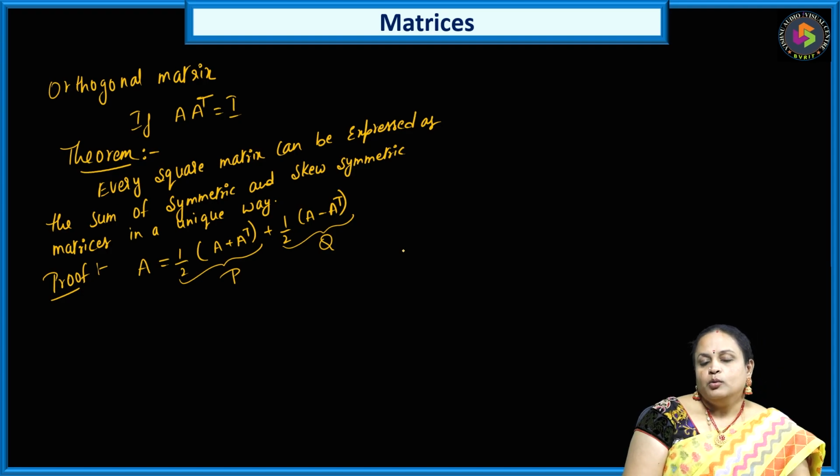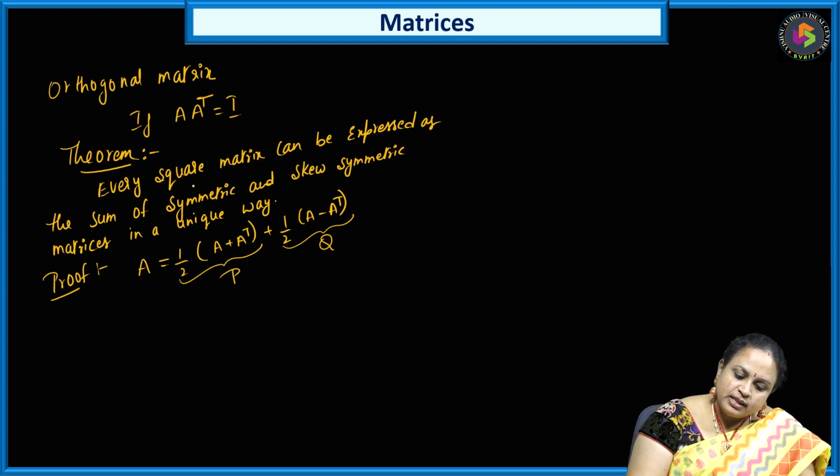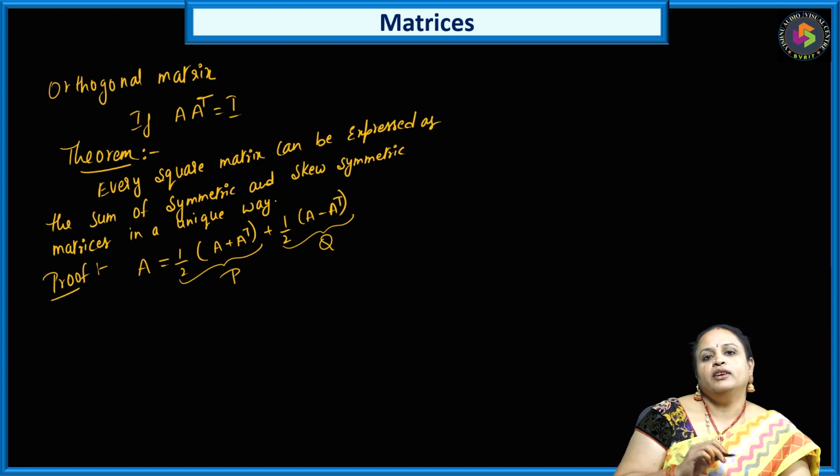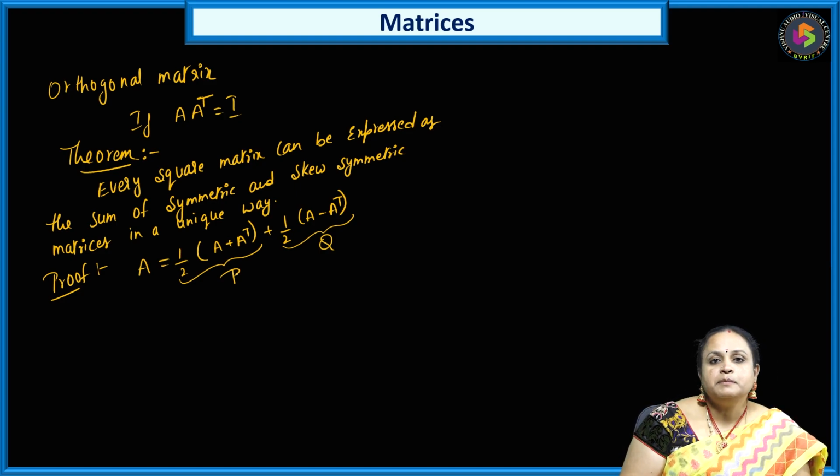And here, as stated, every square matrix can be expressed as the sum of symmetric and skew symmetric matrices. Now here what we have taken? We have taken two matrices P and Q. So now what we have to show?